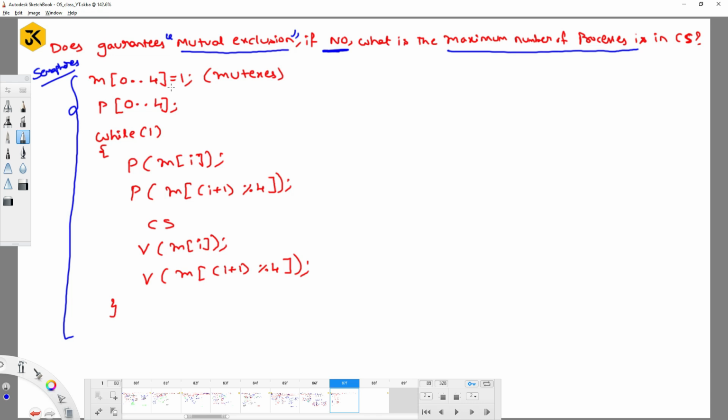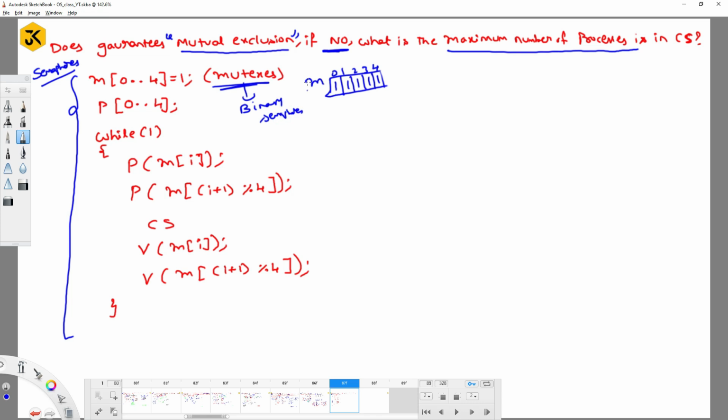So m of 0 to 4 means they have given an array which can store 0 to 4, and whose values are 1. And they have mentioned clearly that these are mutexes. Mutexes means binary semaphores.